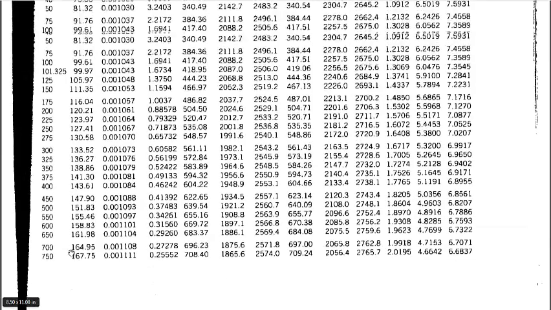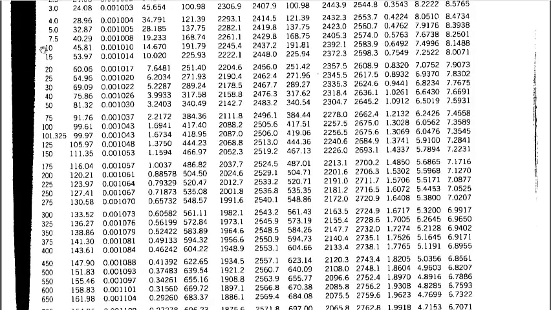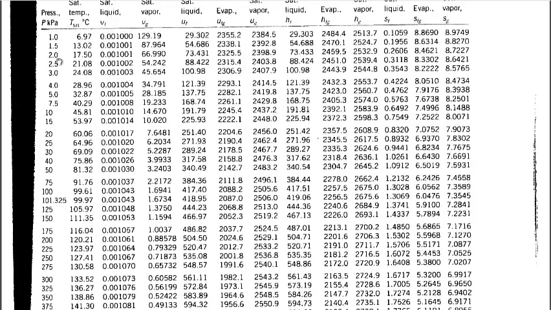Let's go to table A5, and here's 10 kPa. And lo and behold, the listed temperature is 45.81 degrees Celsius. I couldn't read the writing or the typing on the other page, but that's our saturation temperature, so that corresponds correctly. And our saturated vapor specific volume is also the same, 14.67.